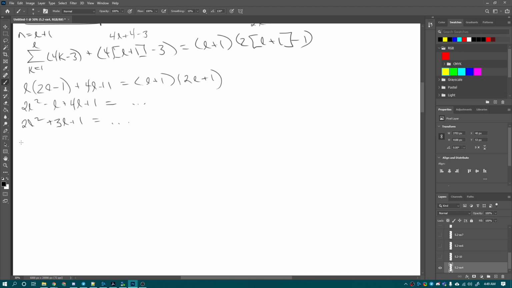Now I need to factor this. So 2L, L, let's see. So I think it's going to be plus 1 and plus 1. So 2L squared, 2L plus L, that's 3L plus 1. Yep.